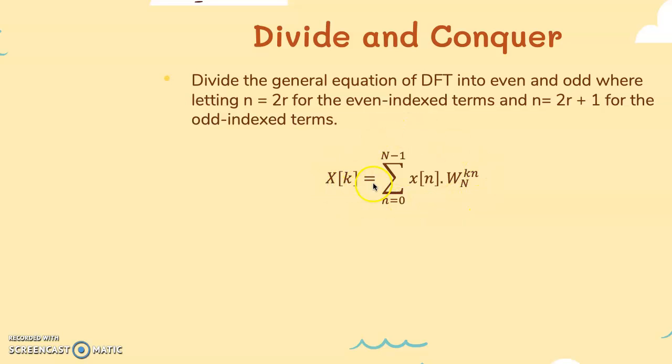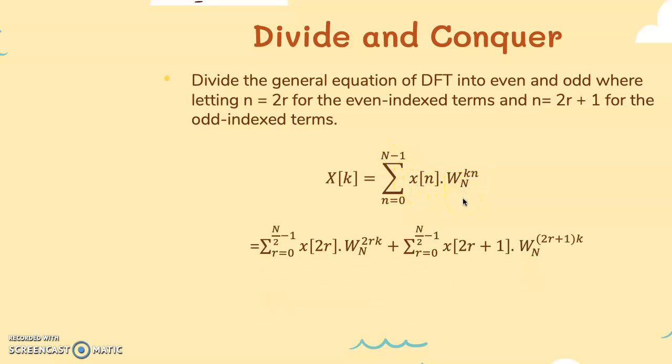So X[k] is equal to the summation from n equals 0 to N minus 1 of x[n] W_N^(kn). Therefore, it becomes the summation for r from 0 to N/2 minus 1 of x[2r] W_N^(2rk) plus the summation for r from 0 to N/2 minus 1 of x[2r+1] W_N^((2r+1)k).